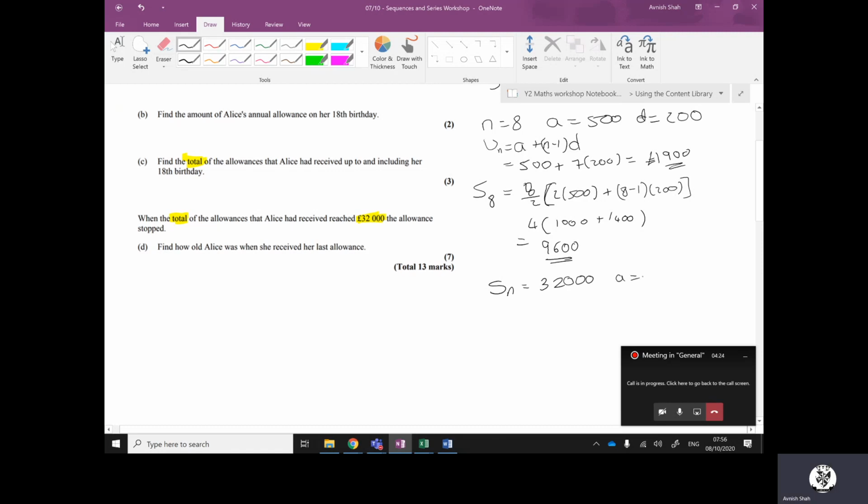We know that A is 500 and D is 200. So we can say that 32,000, using the Sn equation again, is equal to n over 2 times 500 plus n minus 1 times 200.